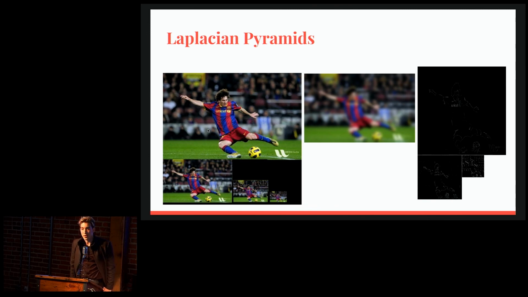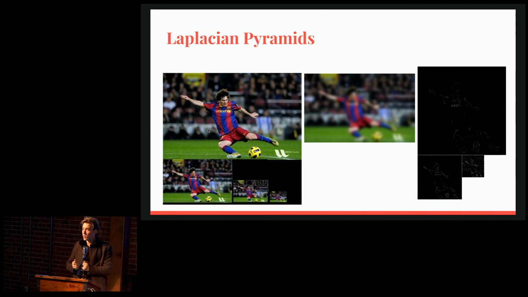What a Laplacian pyramid is, you take an image and you downsample it. You're basically subsampling it in almost a random way to avoid aliasing, where you get a reduced image of your thing, and you can subsample it again and again and again. That's what you're doing over on the right.